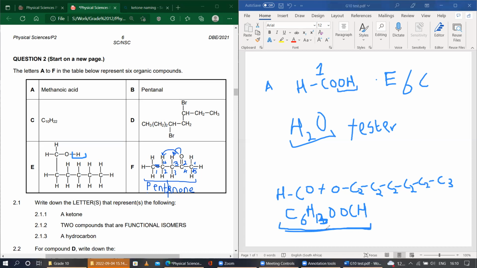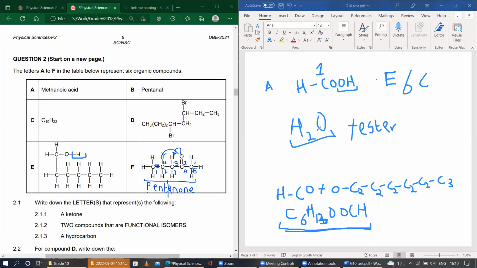So from this, do you know how to name an ester? So did my PC just freeze? Okay, so do you know how to name an ester?